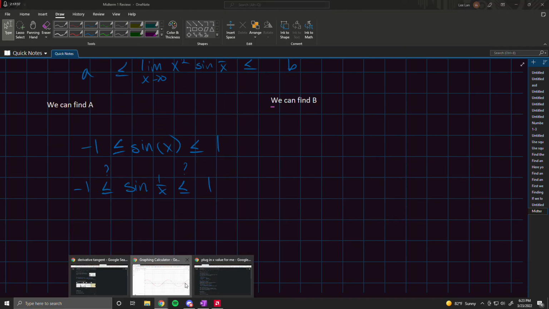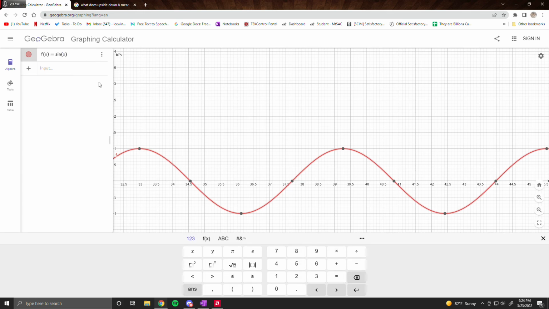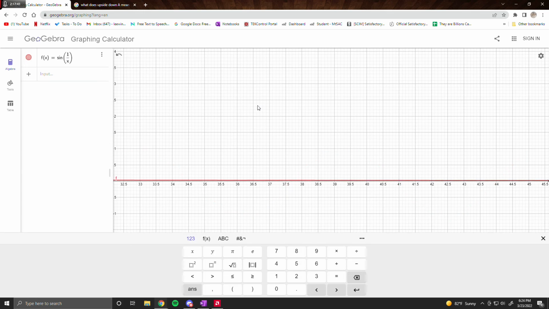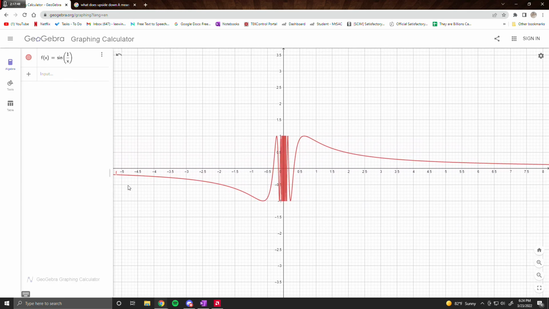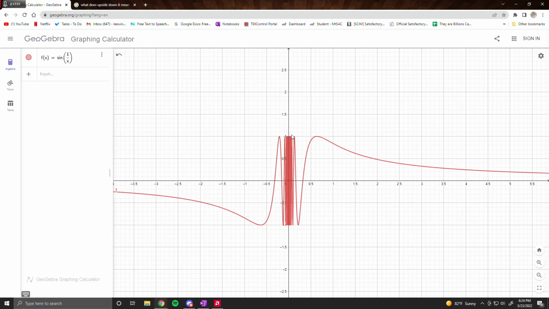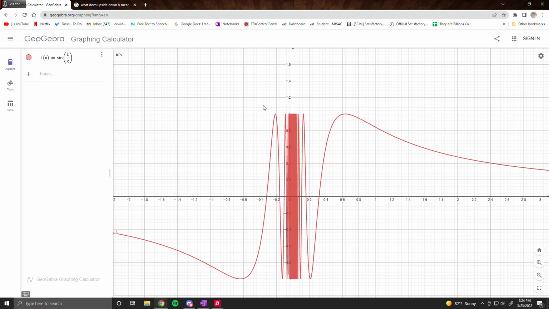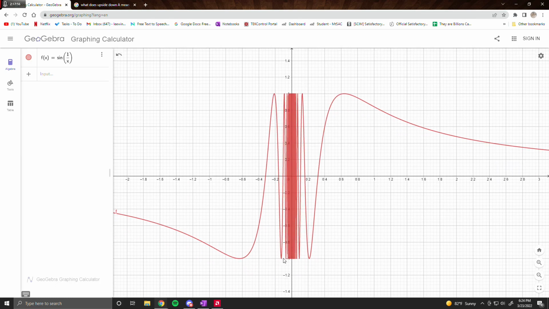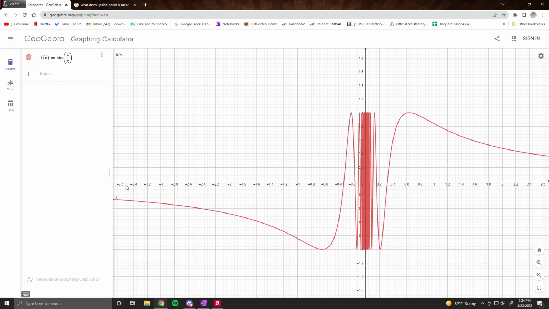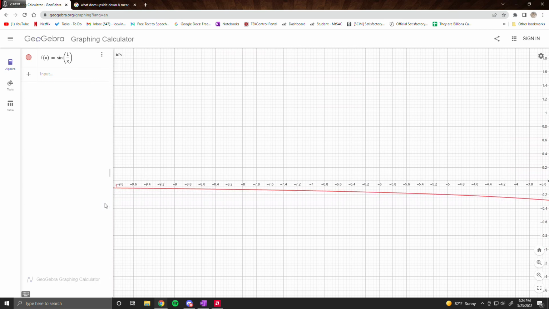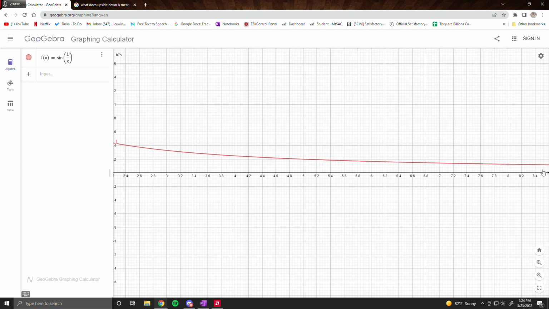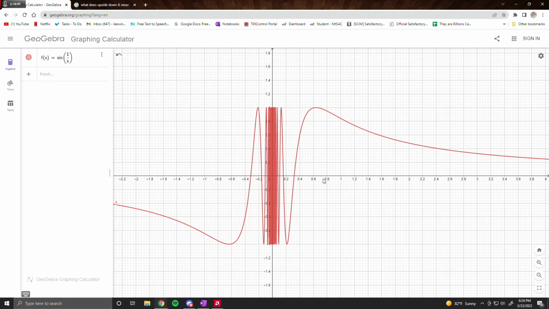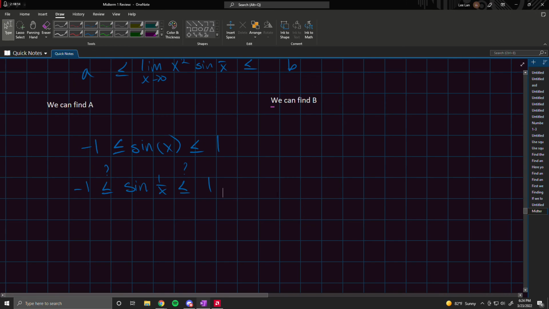Yes, we can, because if you look at the graph of sine of 1 over x, it also never reaches above 1 and never reaches below negative 1. If we plug in large negative values, you can see that it's probably never going to go back up, and over here it's also probably never going to go back up. So the range of sine of 1 over x is also still negative 1 to 1.